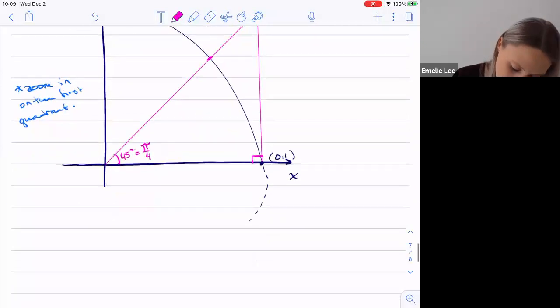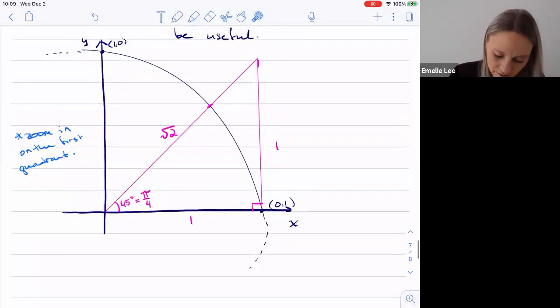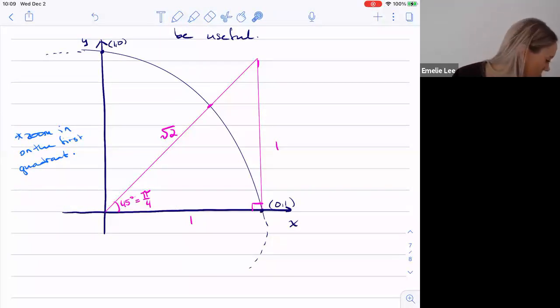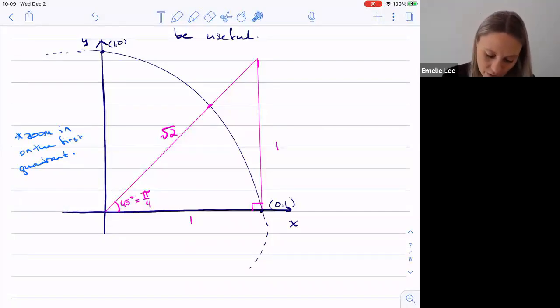But this is a distance of 1, 1, and root 2. This is just from 1 squared plus 1 squared is c squared, which is root 2. A squared plus b squared equals c squared. So the sine of pi over 4, or let's start with the cosine, which is the x value.